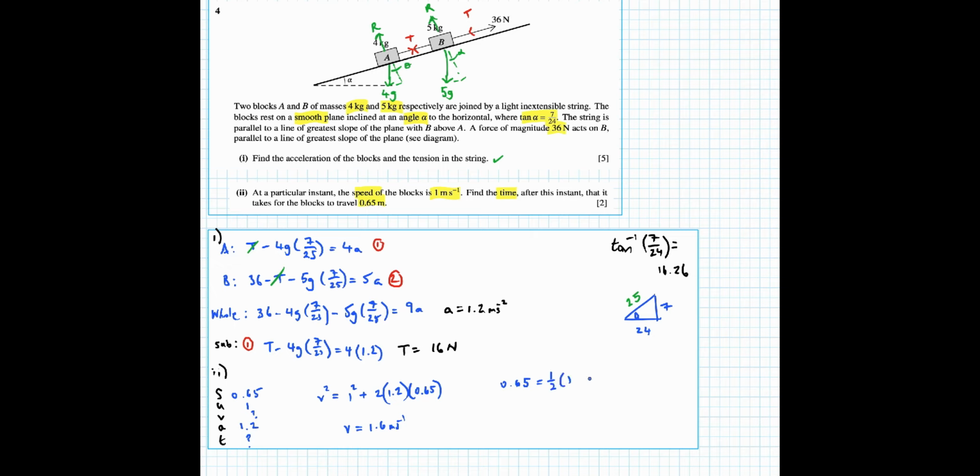So S equals half U plus V times T. Your trapezium would be half A plus B times H or something like that, but it's the same kind of formula. Once you multiply and find that out, it's a little bit easier to calculate. So 0.5 seconds. The other way I suggested earlier with s equals ut plus half at squared would have been a quadratic, so it's a little bit more difficult to do. So there's our answer. Time was 0.5 seconds.